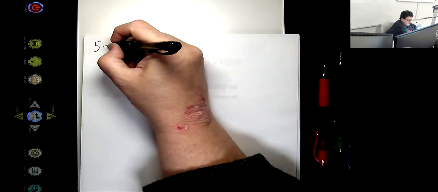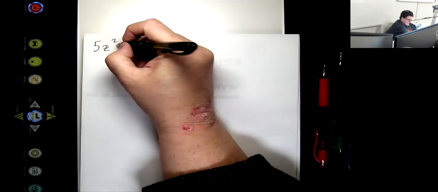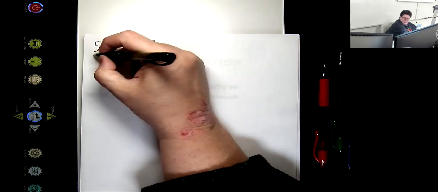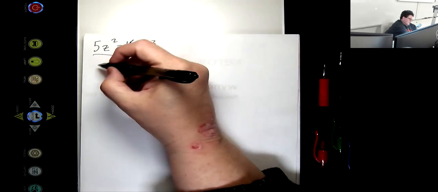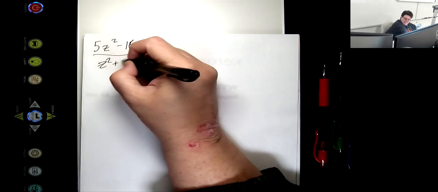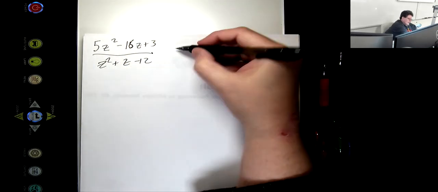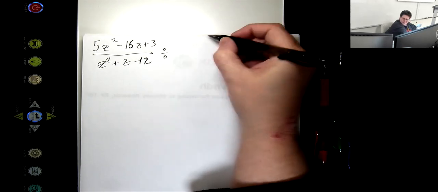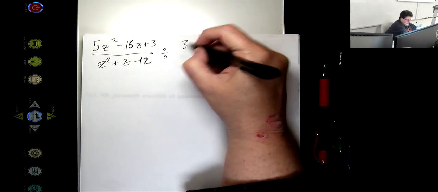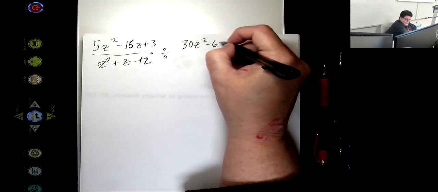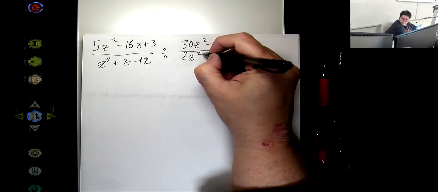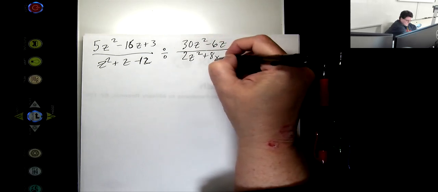I'm going to have 5z squared minus 16z plus 3 divided by z squared plus z minus 12. And then I'm going to say divided by another fraction, 30z squared minus 6z over 2z cubed plus 8z squared.